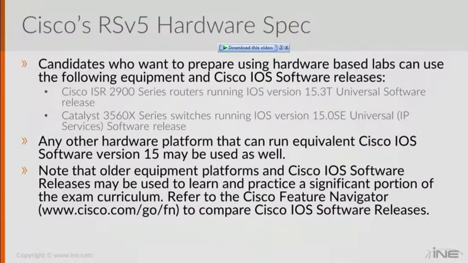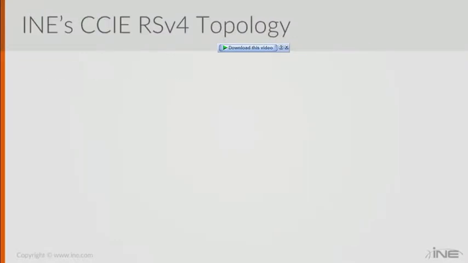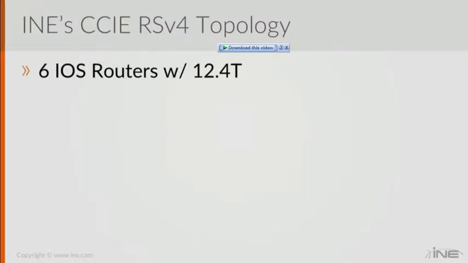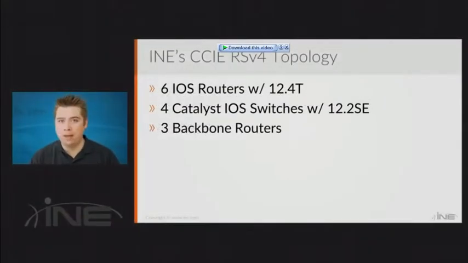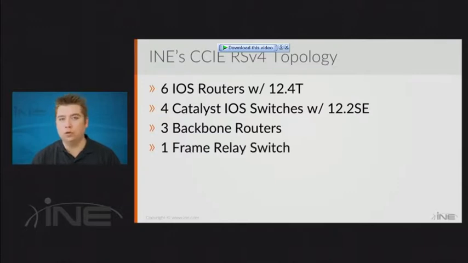Now specifically for our topology, in the V4 topology we had 6 routers and 4 switches, and then we had some backbone routers to introduce IP routes, like you would do BGP peering to a backbone router and then do some route manipulation, and also the layer 2 frame relay switch that was building the virtual circuits between the devices.